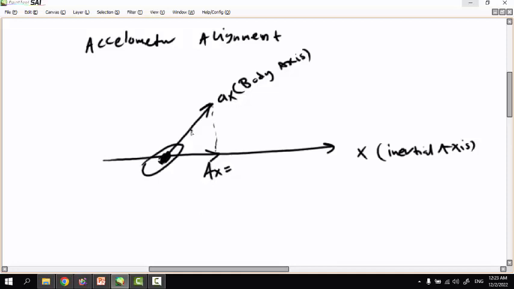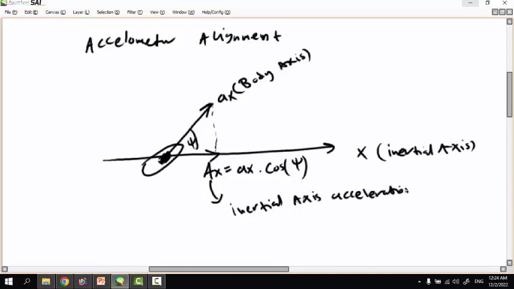For example, with the psi angle, which is the yaw, we have ax times cosine of this angle psi. This is the inertial axis acceleration.